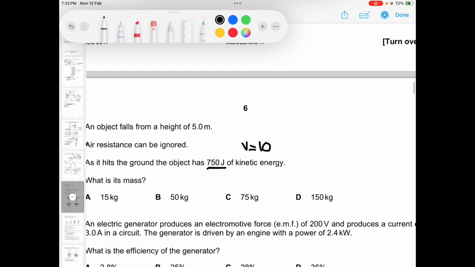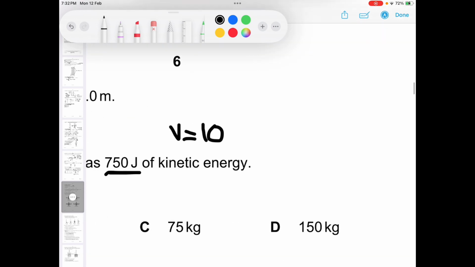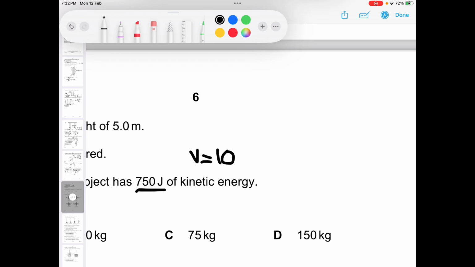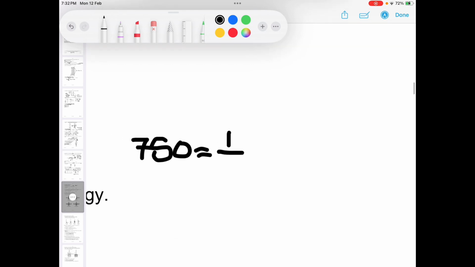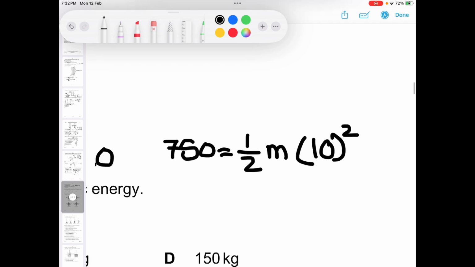So now we're given that the kinetic energy is 750. So 750 is equal to the kinetic energy, which is half m, as we found the velocity, 10 squared.